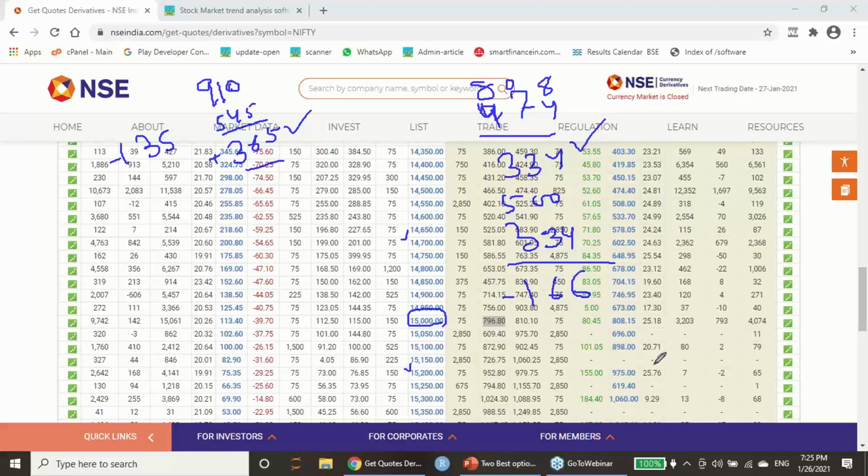So 166 rupees liability and 334 rupees reward, and on the call side 135 liability and 365 reward. This is what we are getting. So we are initiating both the call side as well as the put side.